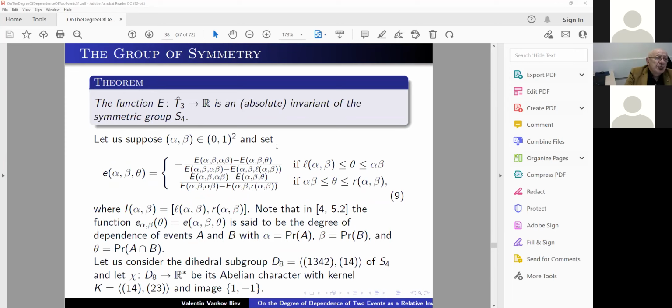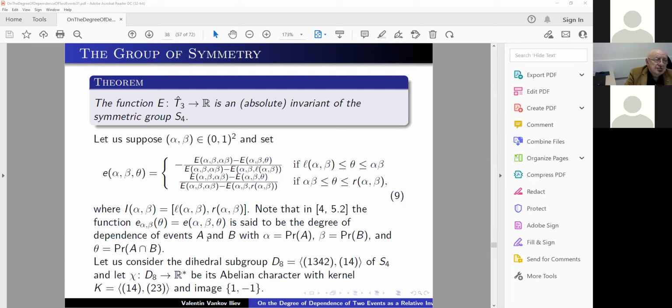And now we take alpha, beta to be strictly between 0 and 1, and define this function E alpha beta theta in this way. We are using here the definition of the corresponding degree of dependence of the events A and B. So this is the degree of dependence written in another way.